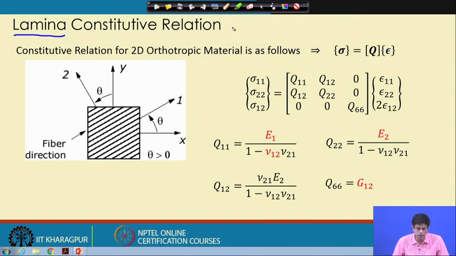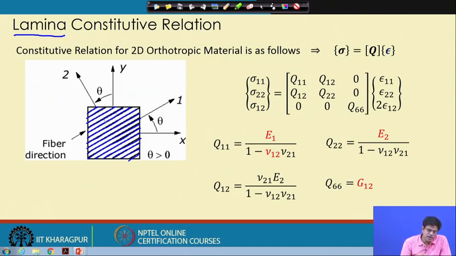Here I will describe that if there is a fiber orientation in this direction of a lamina, a lamina is essentially a 2D body of very small thickness. It is made of, suppose, woven fabric or unidirectional fiber.